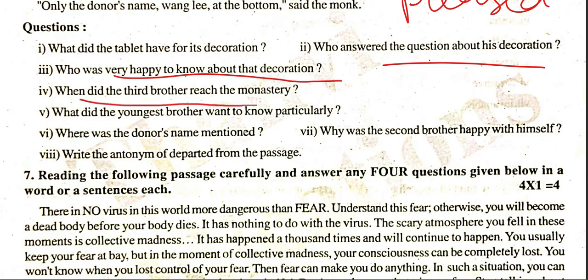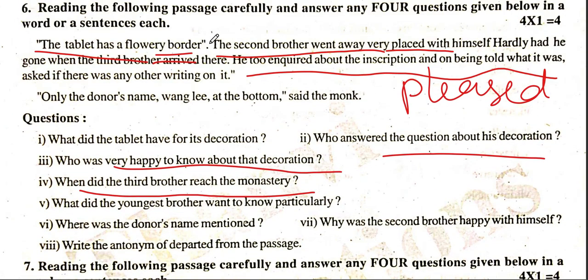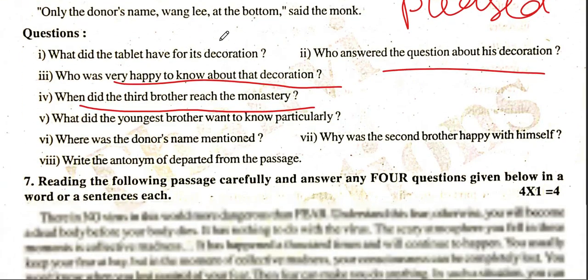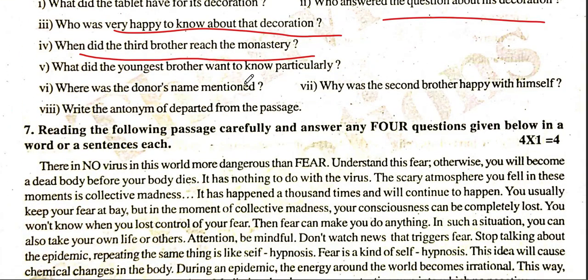When did the third brother reach the monastery? From the passage, you can see, hardly had he gone. So, as soon as he went, the third brother arrived at the monastery, right? What did the youngest brother want to know particularly? The youngest brother wanted to know about the donor's name particularly.